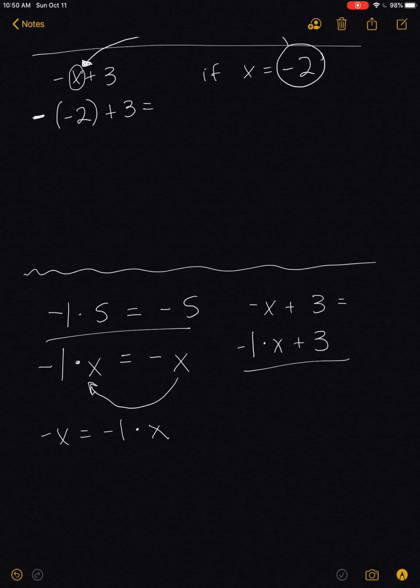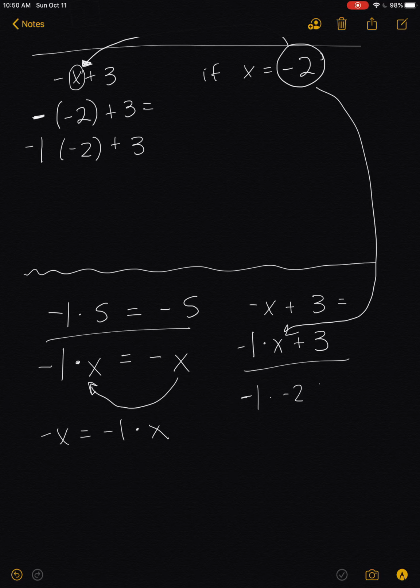Okay, why am I saying that? Because then you just think, okay, this is -1 times -2 plus 3, right? Or if it helps, we can resubstitute it in here, right? -1 times -2 plus 3, same thing here and here, right?